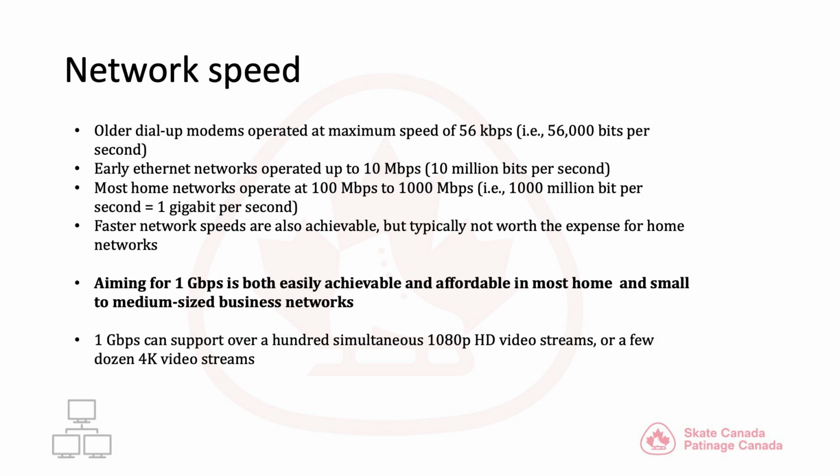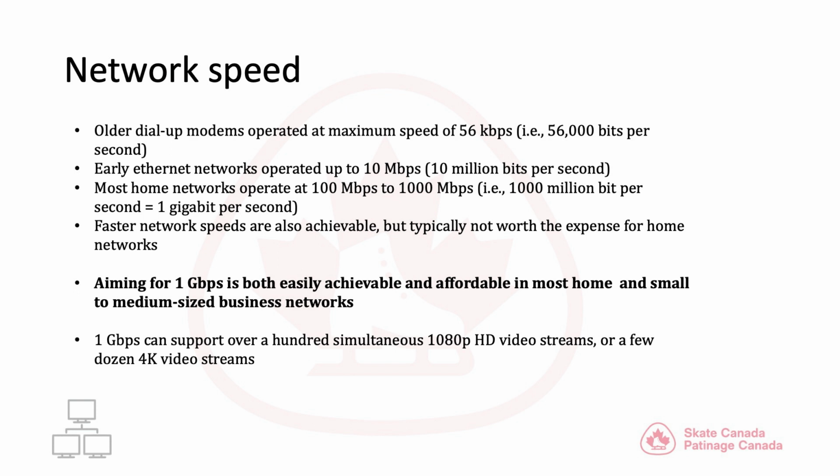To put this into perspective, older dial-up modems operated at maximum speeds of about 56 kilobits per second, or 56,000 bits per second. Early Ethernet networks operated up to 10 million bits per second.